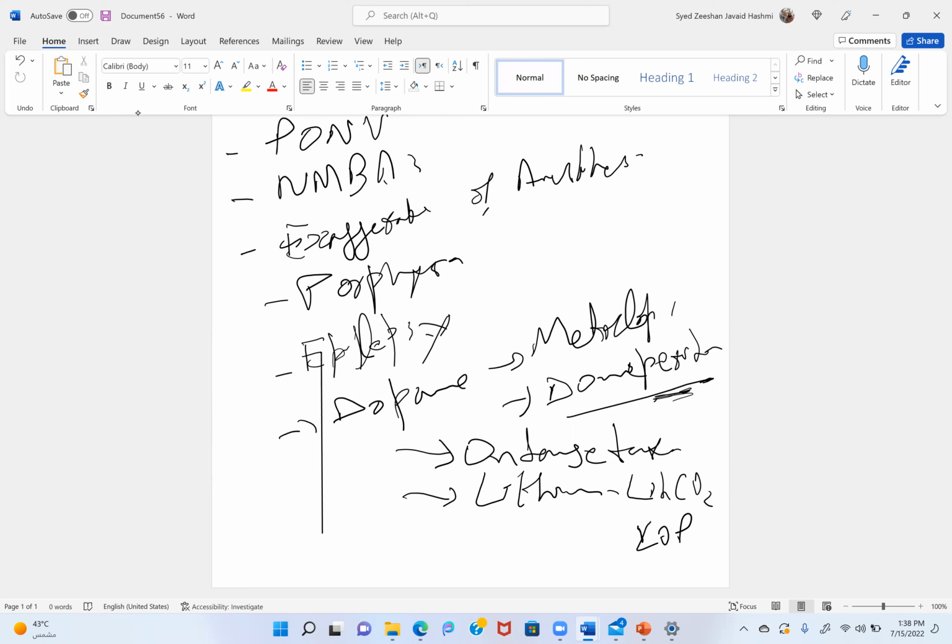Then I guarantee you, when you open and see the MCQ, you will have no problem. Pharmacology should be very clear, because there will be so many questions from pharmacology in any exam, and specifically in the intermediate module. So you should know the pros, the cons, the usage, the selling points, and the important things of these medications.